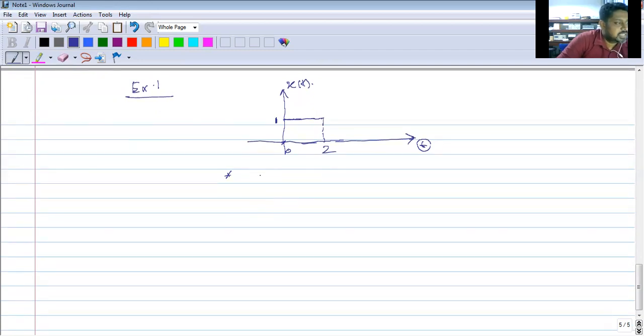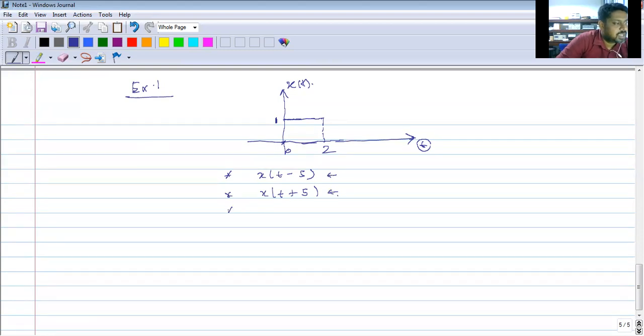Let's say we want to find x(t minus 5), that is time shifting, an advanced shift. And we need to find x(t plus 5), which is a delayed shift.